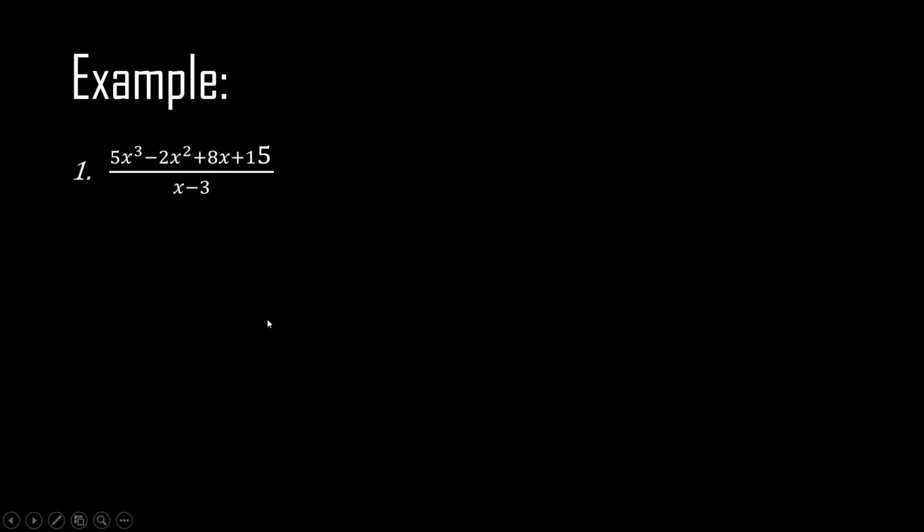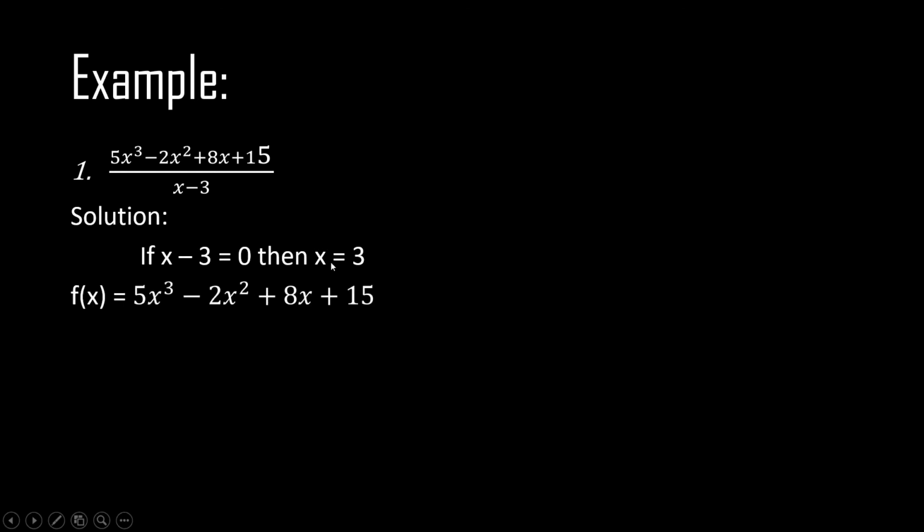For number 1, we have 5x cubed minus 2x squared plus 8x plus 15 all over x minus 3. So our solution: equating our divisor to 0 to get the value for x, which is x equals 3.